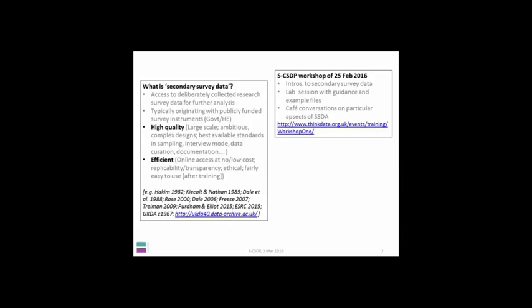So, a brief talk today on secondary survey data, what it is and why it's important or potentially important for people interested in civil society, in this context, in contemporary Scotland. Research based on secondary survey data is in an interesting position in the contemporary UK.